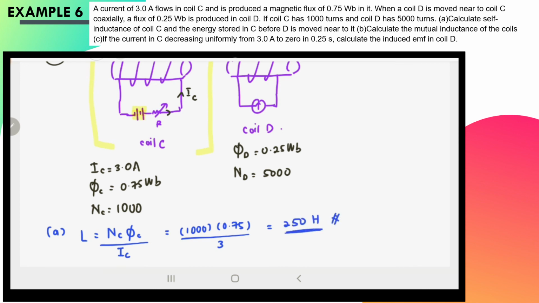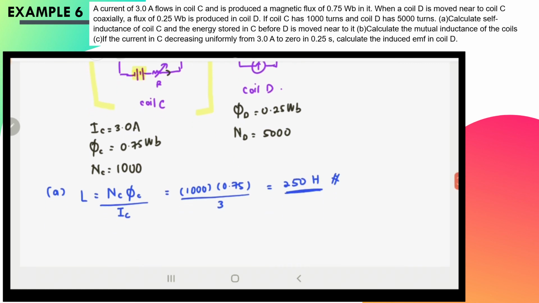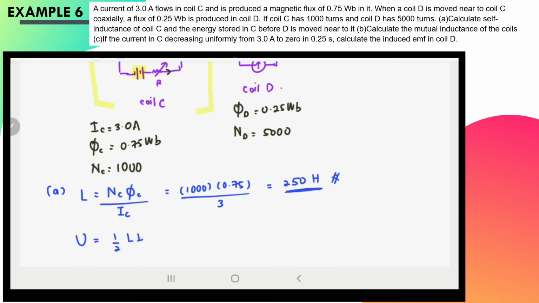We also want to find the energy stored in C before D is moved near to C. So U equals half L I squared. Half L is 250, I is 3 squared, and the answer is 1125 joule.